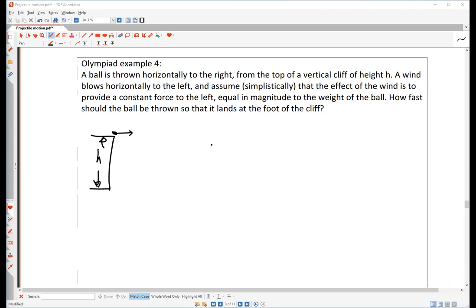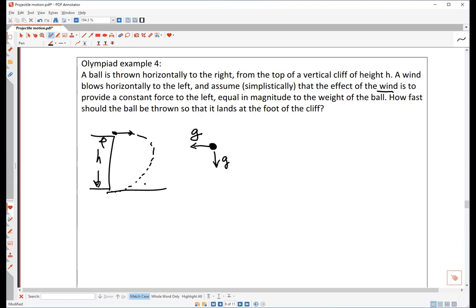So in this question, the ball experiences two accelerations. One is the acceleration downwards due to gravity. One is the acceleration to the left that has magnitude g due to the wind. How fast should the ball be thrown such that it lands at the foot of the cliff? That means it will move along this path and land at this point.